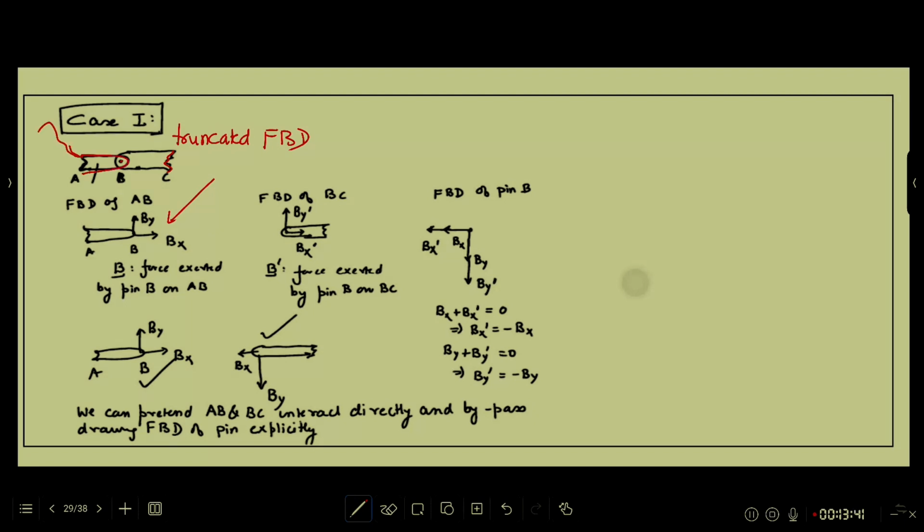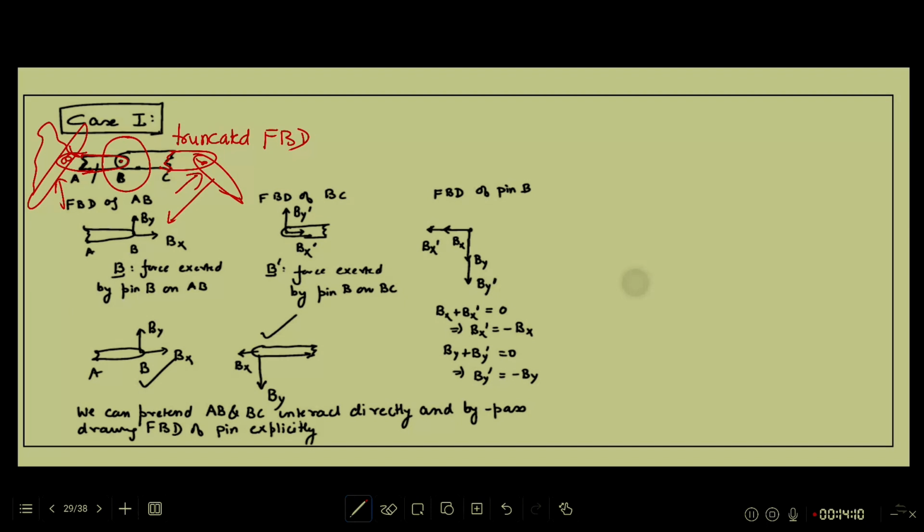This may be connected to another member here. My interest is not to pay attention to these members. My intent is to pay attention to this zone of the frame, truncated part of the frame, and thus I will draw truncated FBDs.